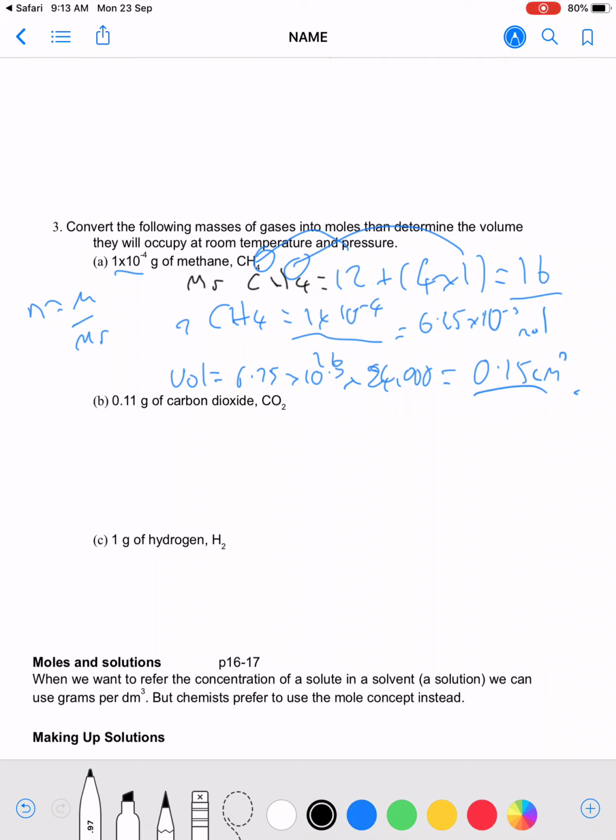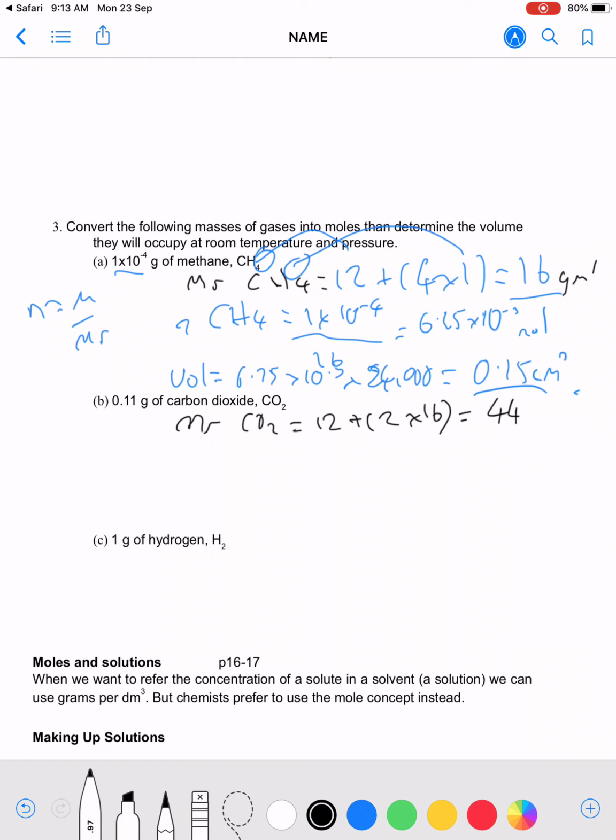Okay, the same strategy as before, 0.11 grams of carbon dioxide. The Mr, let's do that first. The molecular mass of CO2 is going to be 12 plus 2 times 16, that equals 44.